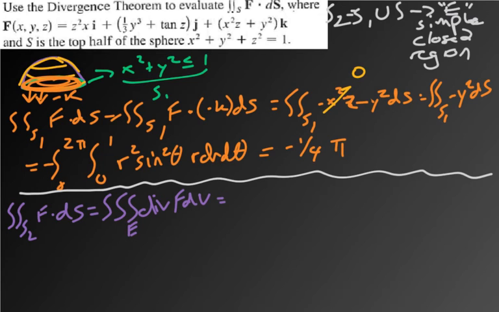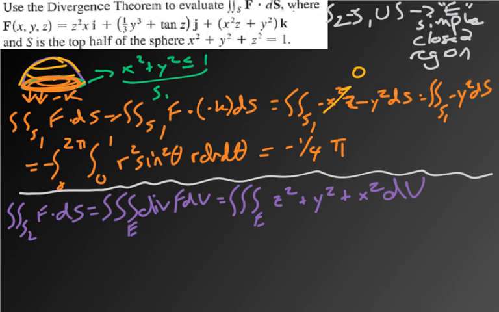The divergence of F is quite nice in this problem. You would just get z squared plus y squared plus x squared, and then we have dV.